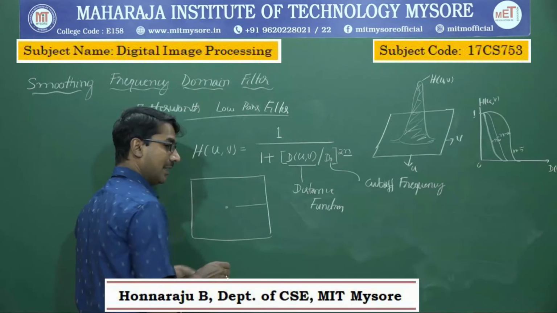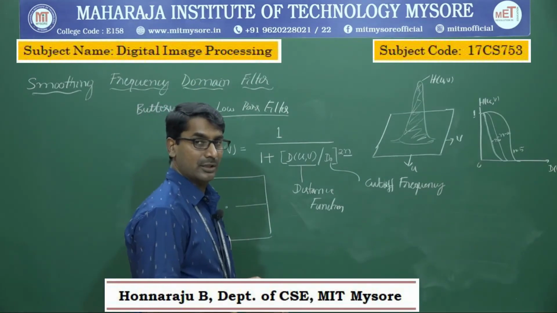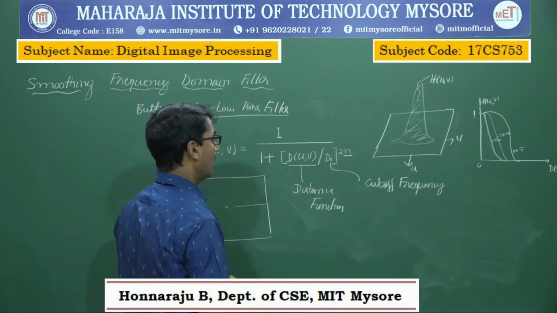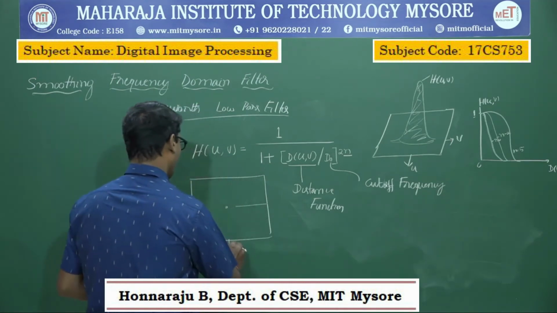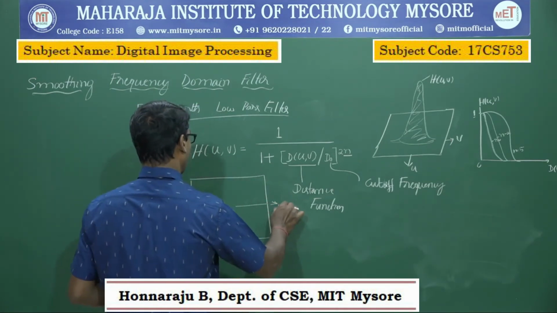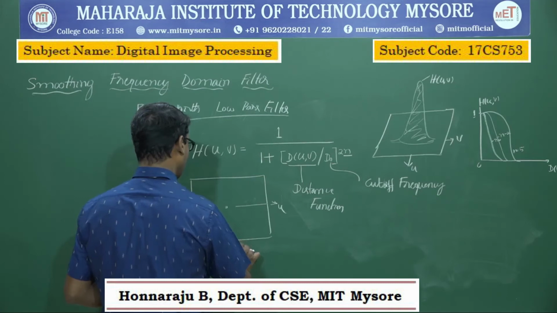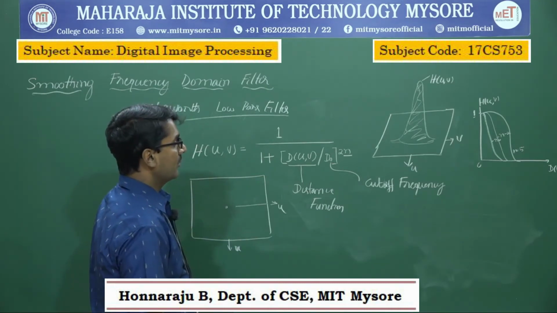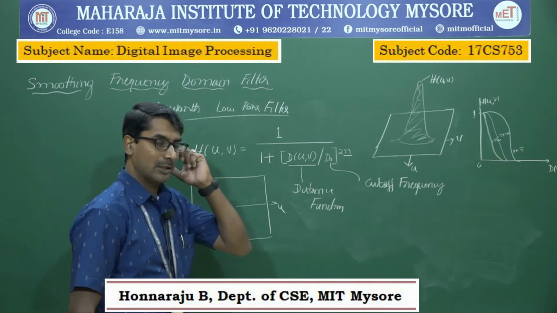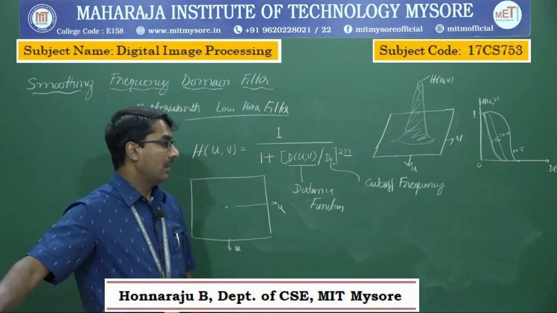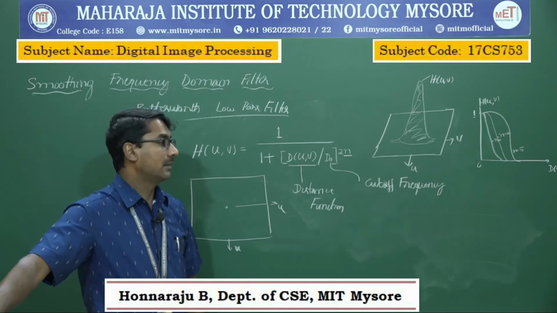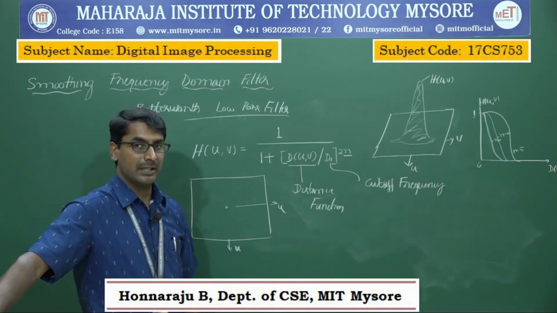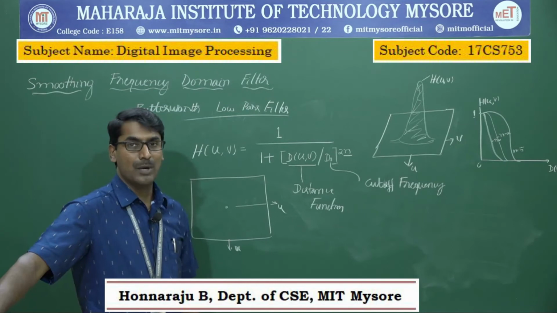So, there is no clear cutoff in the Butterworth low pass filter. Compared to the ideal low pass filter, there is less ringing effect and less blurring effect in the Butterworth low pass filter.